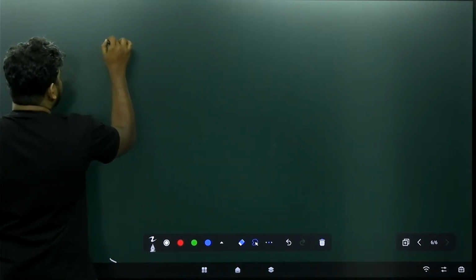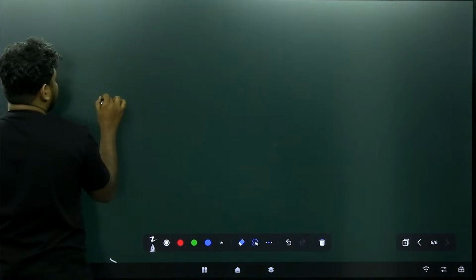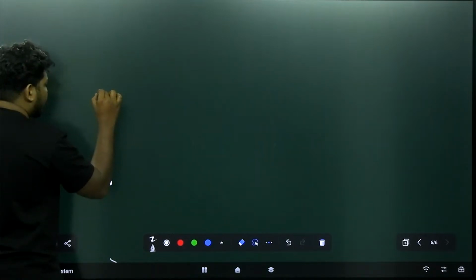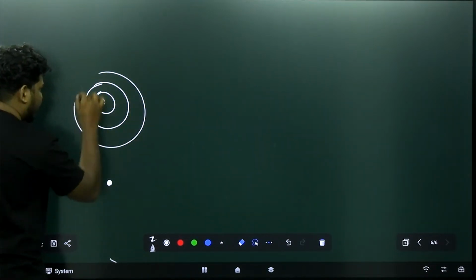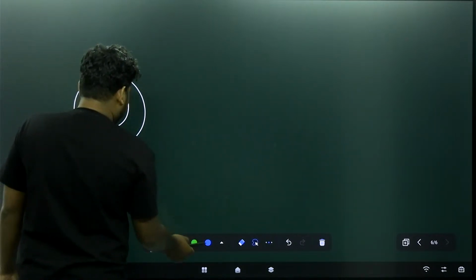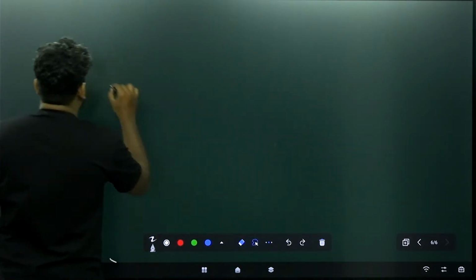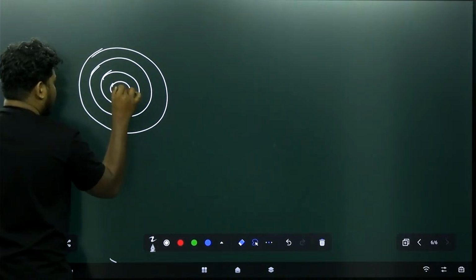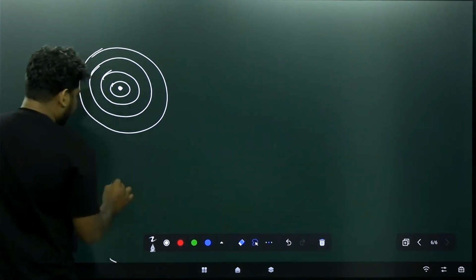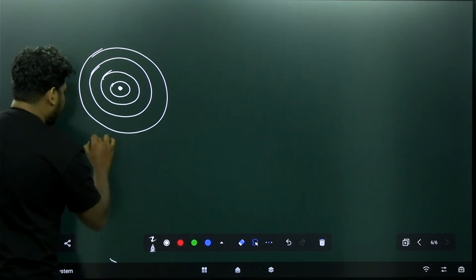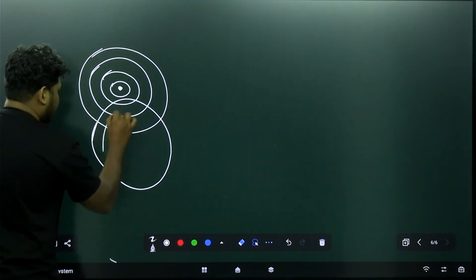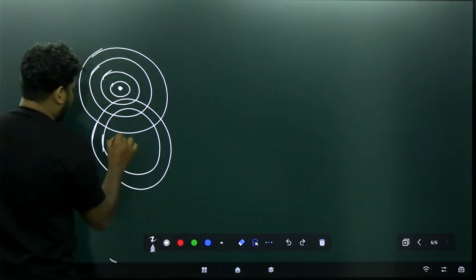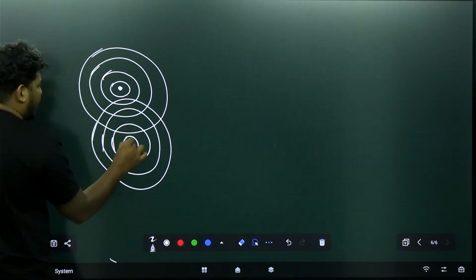So there are two vibrators creating circular wavefronts. Look at this one.